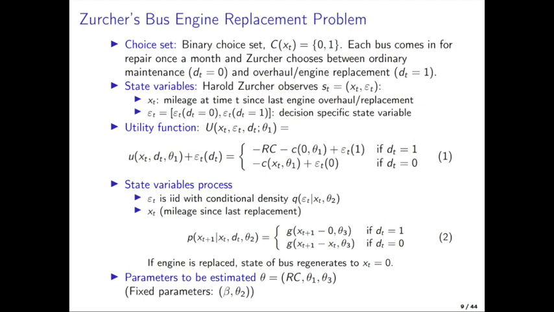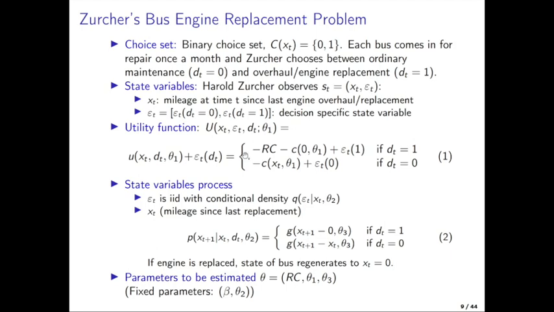Maybe it comes in for repairs and it's just too expensive to do it this week. Or it comes in and there's smoke all over the place and you have to replace it even though it's brand new. So these are like shifters or idiosyncratic shocks to the replacement decisions that are not captured by the age of the bus or the mileage of the bus.